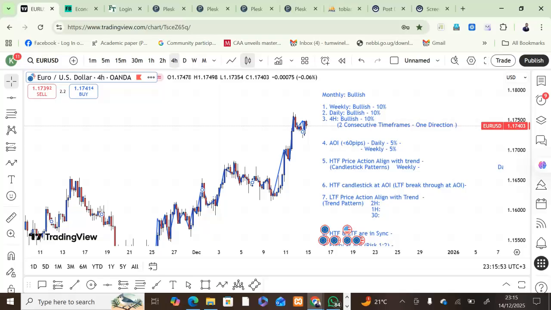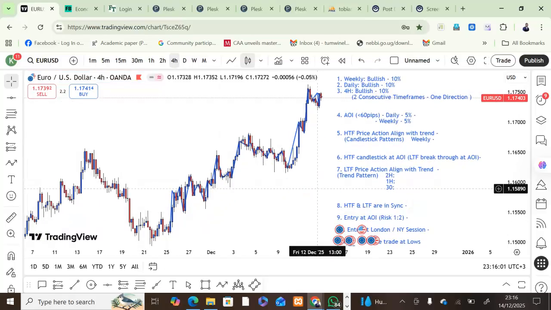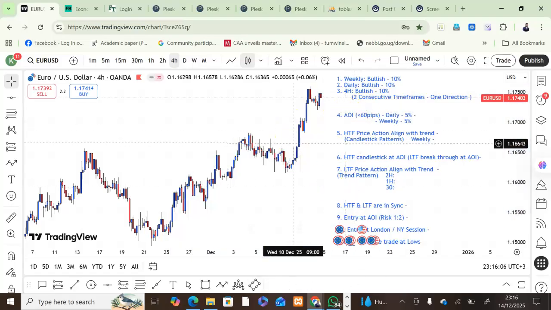So now we have the three time frames in sync. Weekly, daily, 4-hour, they're all telling us bullish, and the monthly is telling us bullish. So we are looking for buyers now. Now for the area of interest, which is number 4, remember I said the area of interest is the same as support and resistance. It's also the same as demand and supply, same as order blocks.